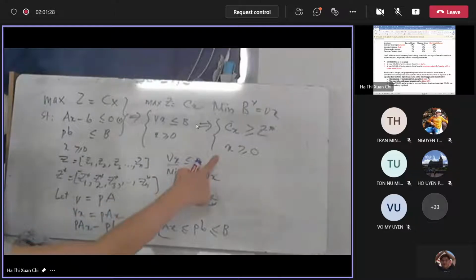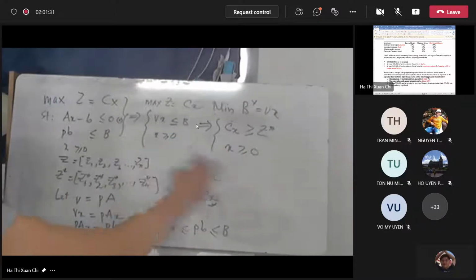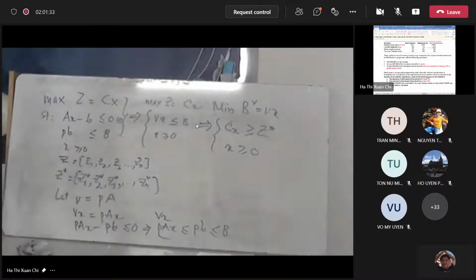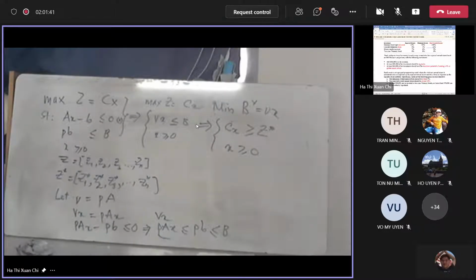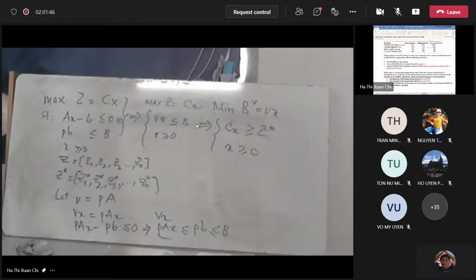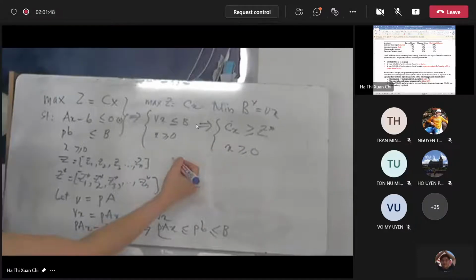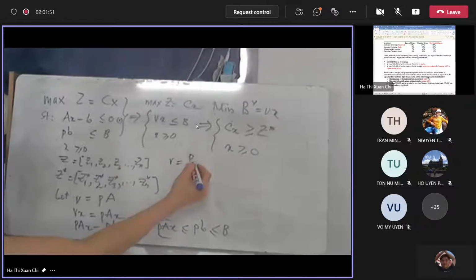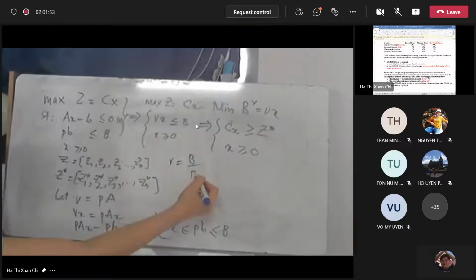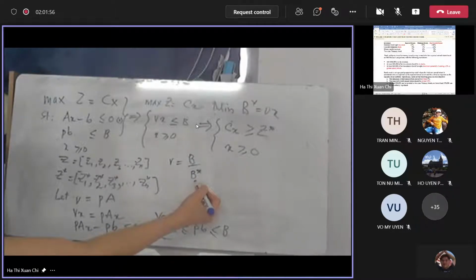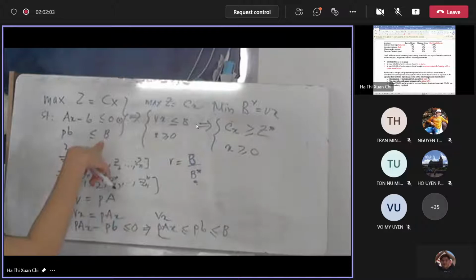So we have the model like this. After that we find the ratio. The ratio we find is P with P star. P star is the minimum purchase you must pay compared with the original purchase here.